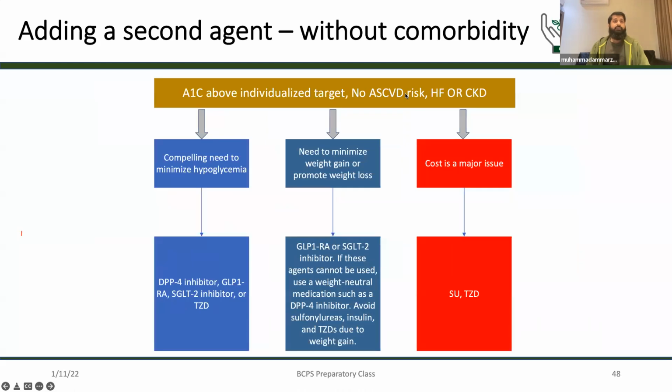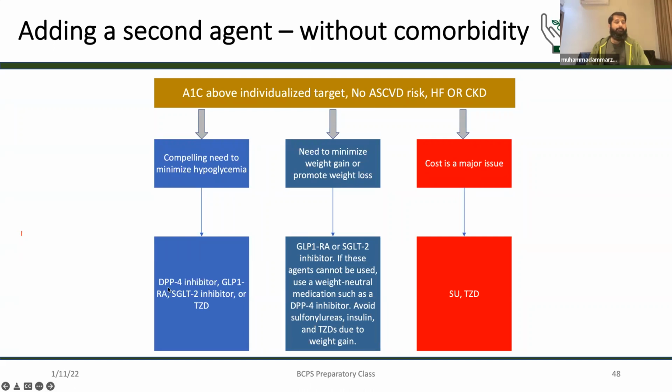So which agents could we add with metformin? So if A1C is above the individualized target and there is no risk of atherosclerotic cardiovascular disease, heart failure, or chronic kidney disease, then you have to look at what the needs of the patient are. So for example, if there is a compelling need to minimize hypoglycemia, you want an additional agent which causes less hypoglycemia, then these are your treatments of choice.